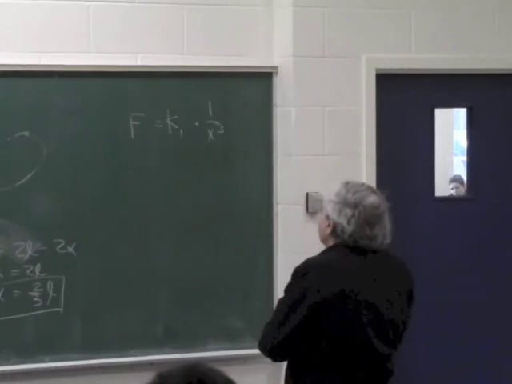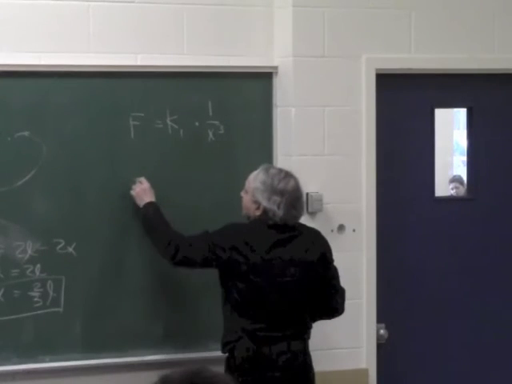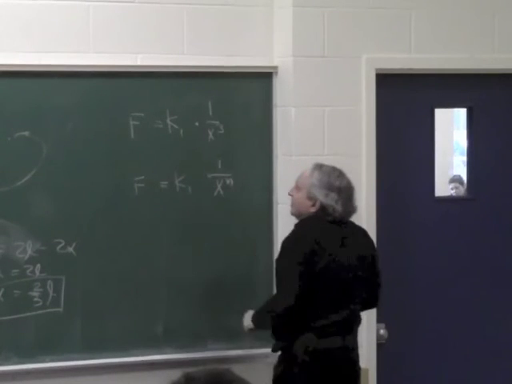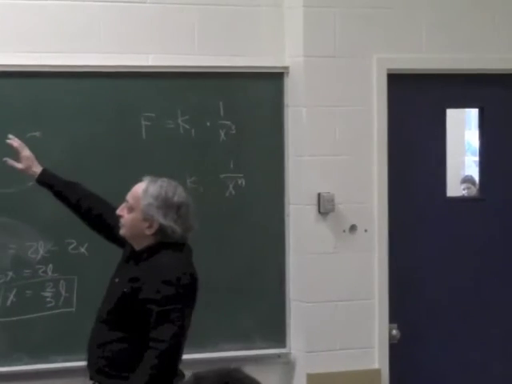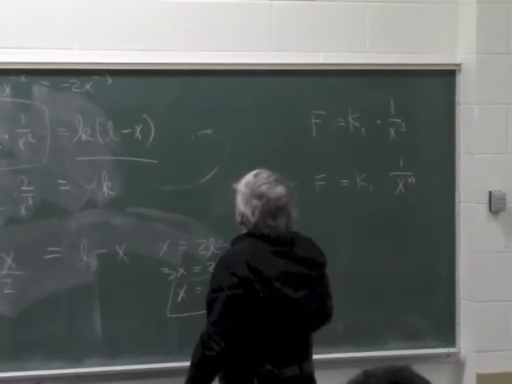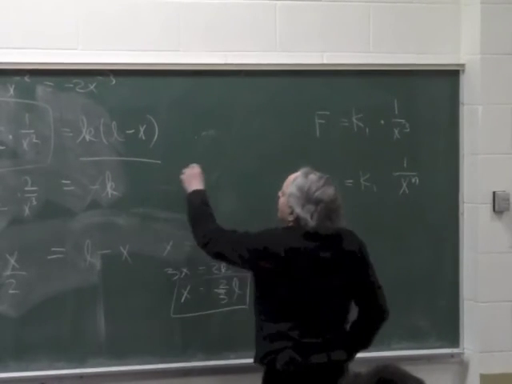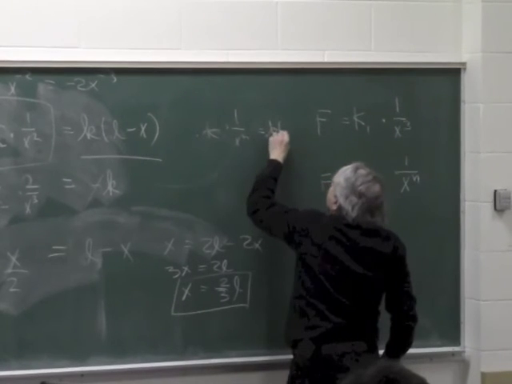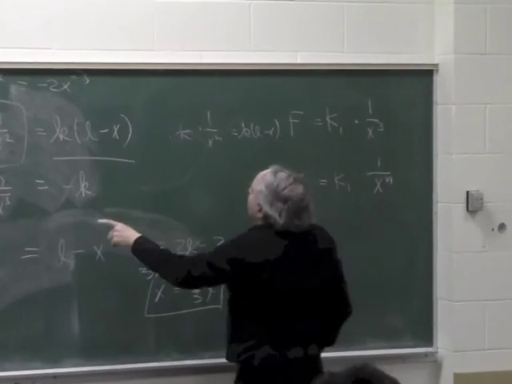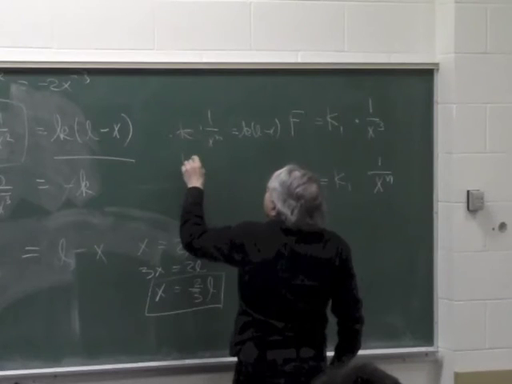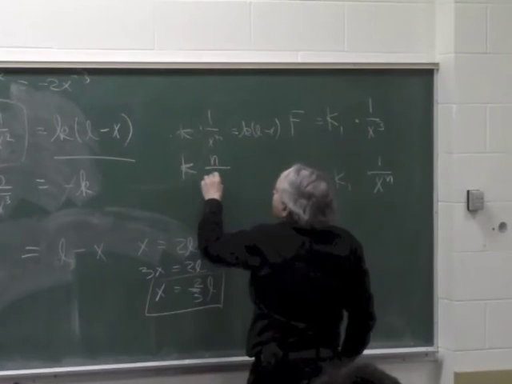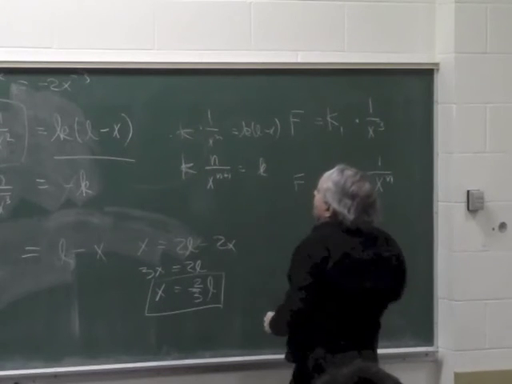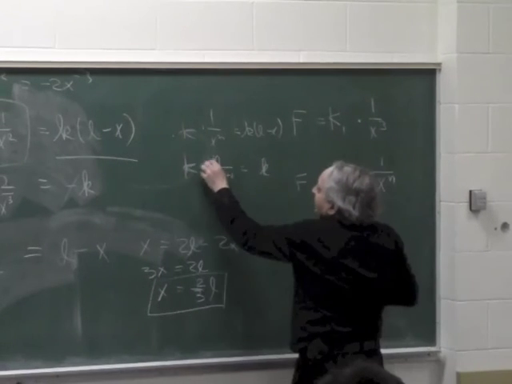And the reason it'll be worse is, let's take a generic actuator, F equals K1 times 1 over x to the power of n. Let's plug in, instead of x², x to the power of n. So the first formula will be K 1 over x to the power of n equals K(L minus x). The second formula, the derivative, will be K n over x to the power of n plus 1 equals K. When we divide them, there is a factor n.